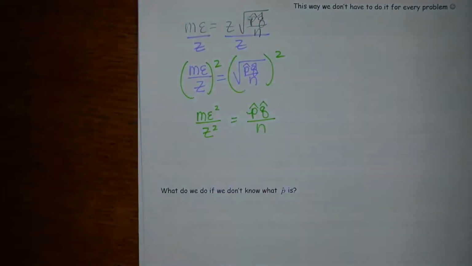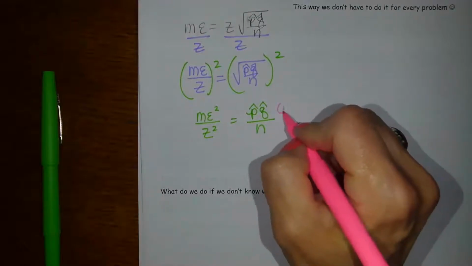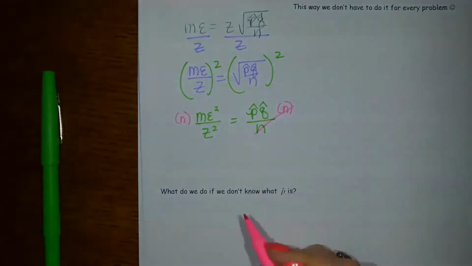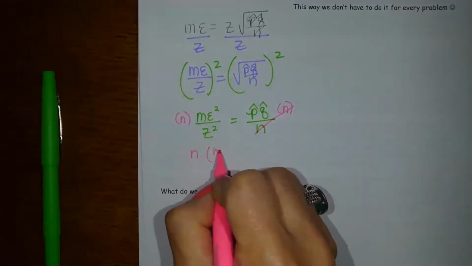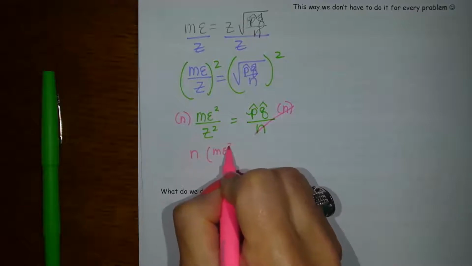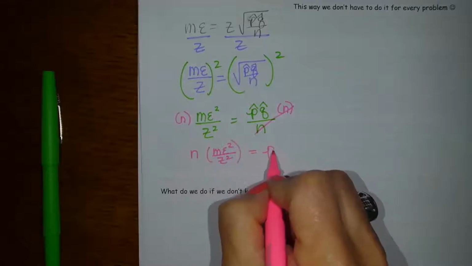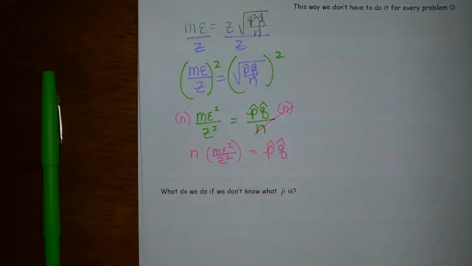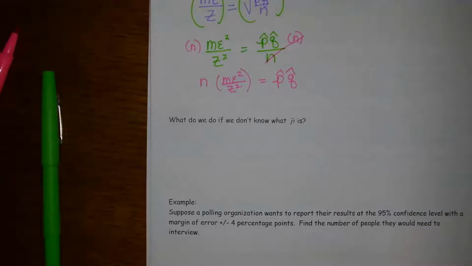Now how do you solve for n? What do we do? Multiply both sides by n. That way they're gone. And I have n times me squared over z squared equals p hat q hat. Now, how do I get n by itself? How do we get rid of that margin of error over z squared?